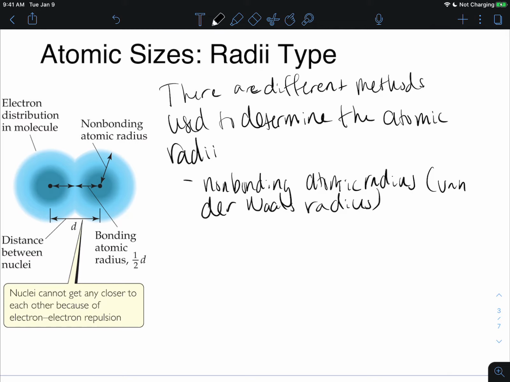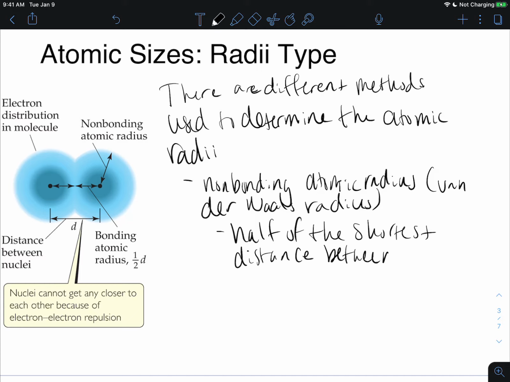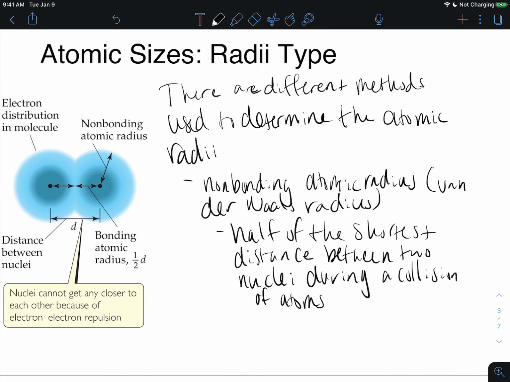And it's half of the shortest distance between two nuclei during a collision. Okay.